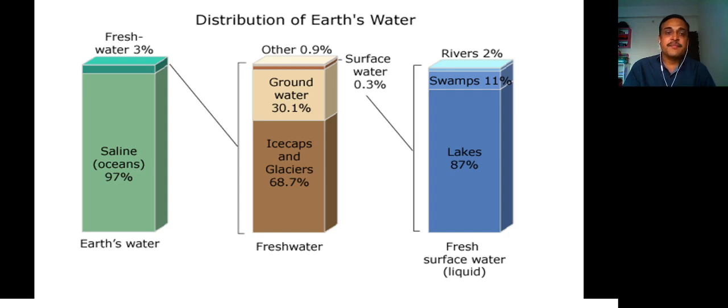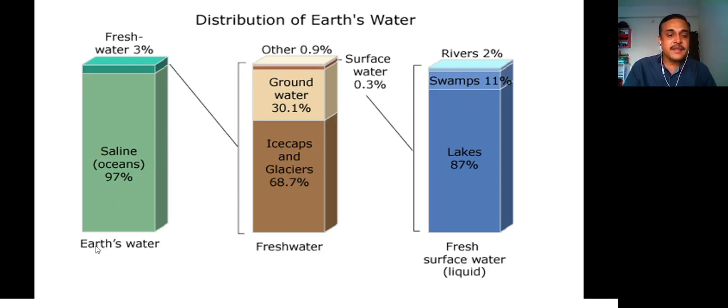There are three bar diagrams, or columns. The first is about the Earth's water, the second is the fresh water, and the third is the fresh surface water in the form of liquid. So we are going to study one by one.